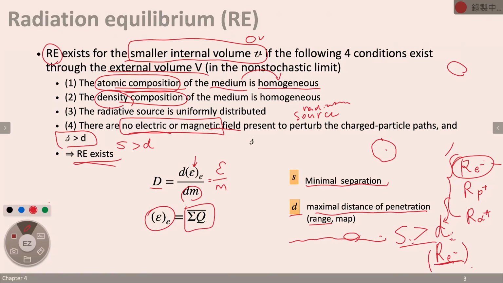Alright, so here is the definition. Before we go to the absorbed dose, you should check the situation over here. Actually, you should answer whether radiation equilibrium exists or not.